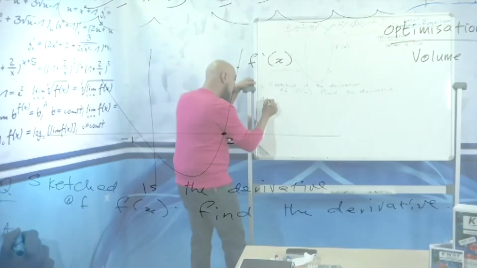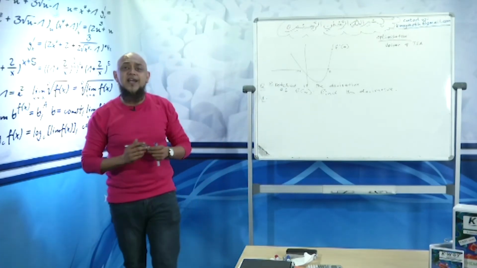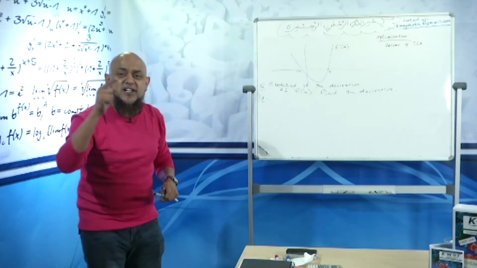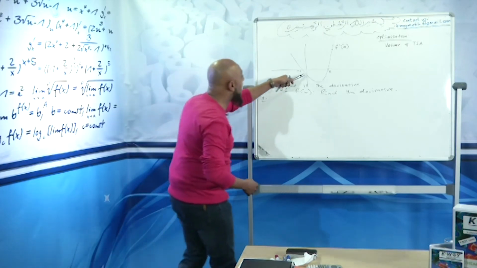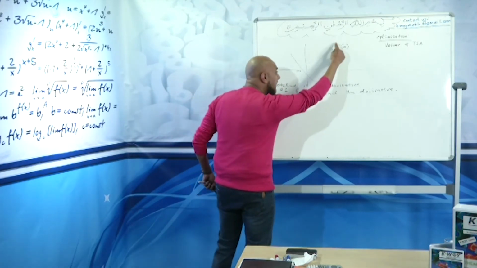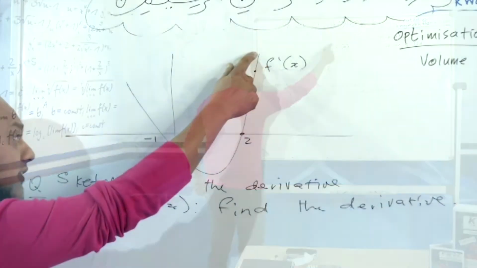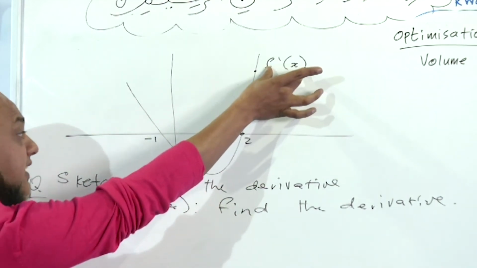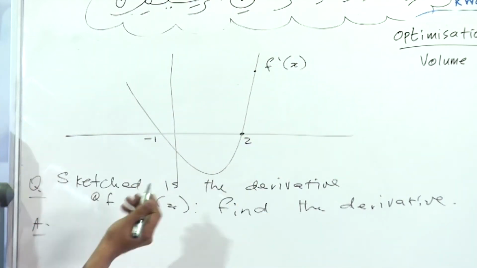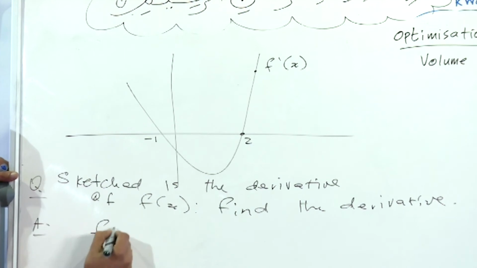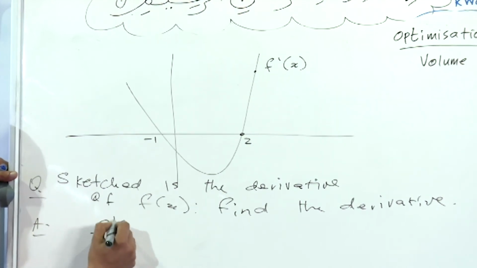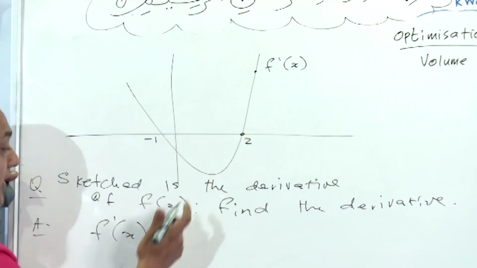Boys and girls, this is not a calculus question. This is a functions question. Why? This is a parabola. They just sketched the derivative and they want the equation of the derivative. How do we get it? It's absolutely easy. We say f dash x equals x minus x1 times x minus x2, given two x-intercepts.